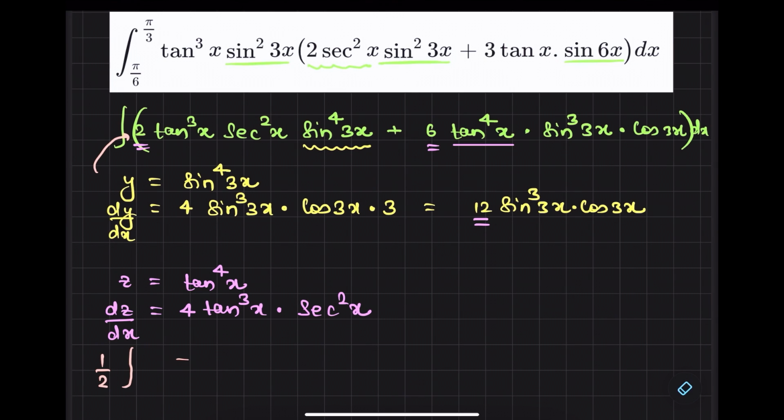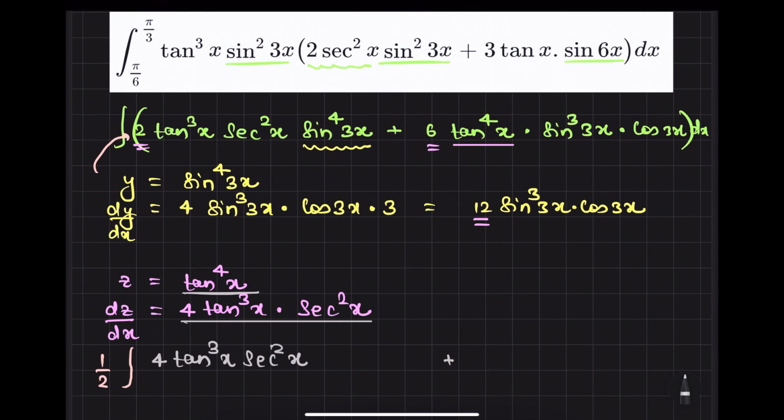I will change the color. Okay. Now look at this. So we got 4 tan cube x sec square x. Now look at this. It's the same thing, but we have taken tan power 4 as z. Correct?